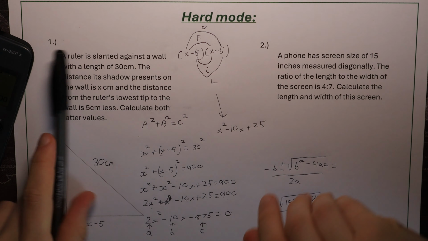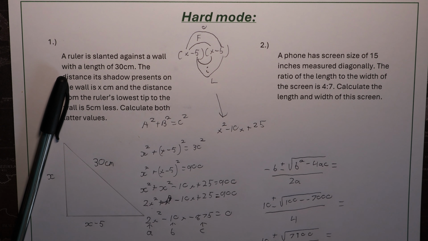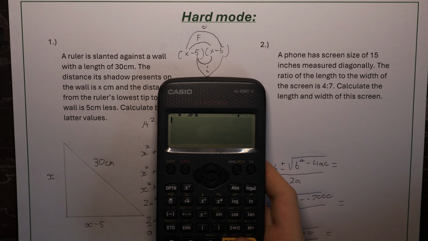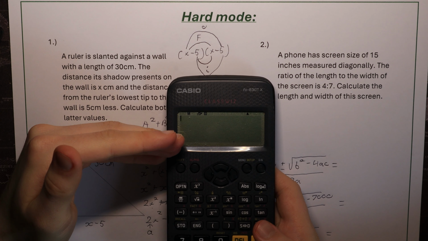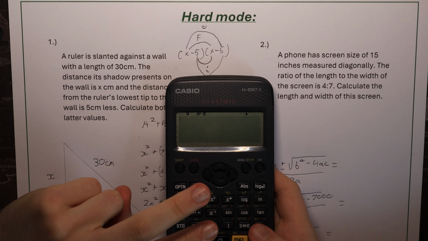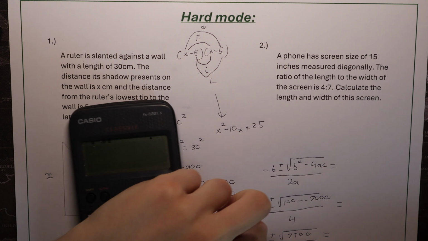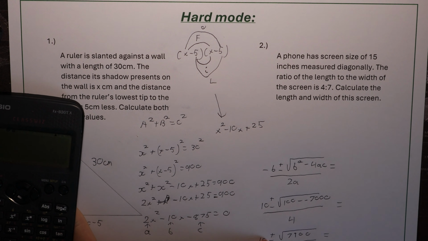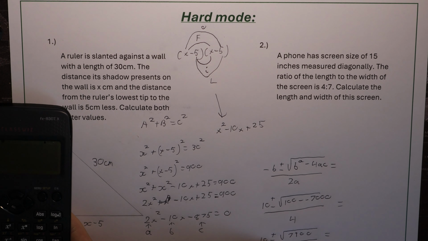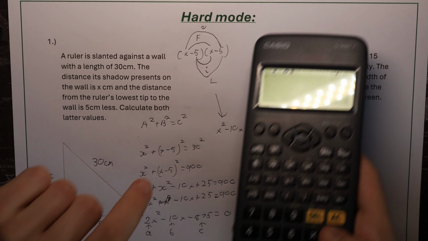Now what does plus or minus mean? It means that with the quadratic formula in our calculator, we must do 2 scenarios. We need to do one scenario where this is a plus root 7,100, and one with a minus root 7,100.